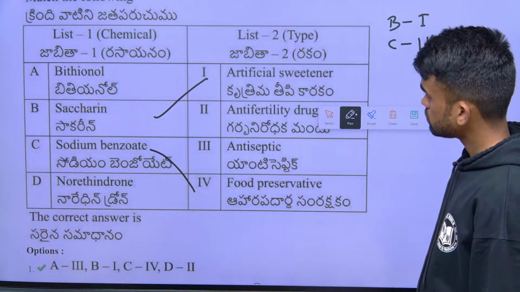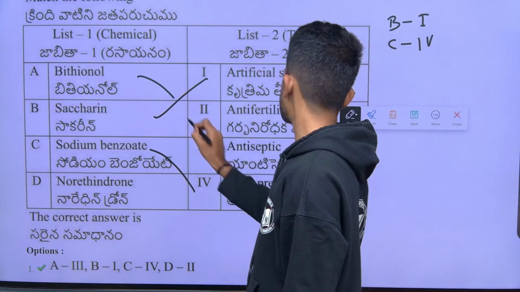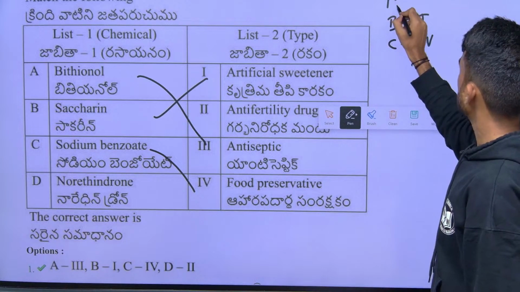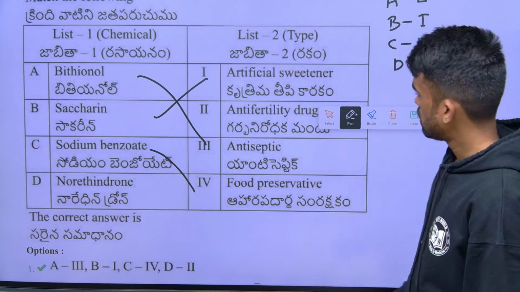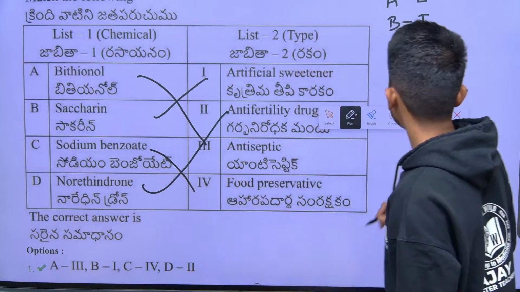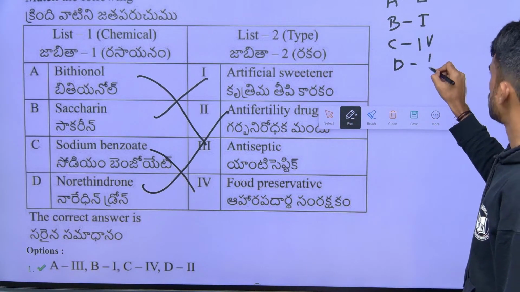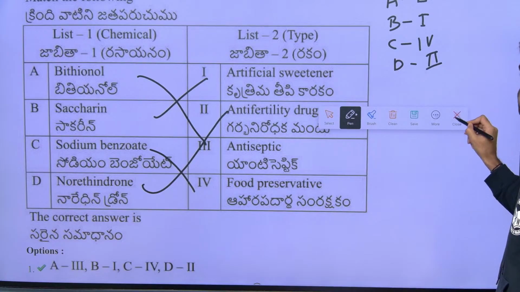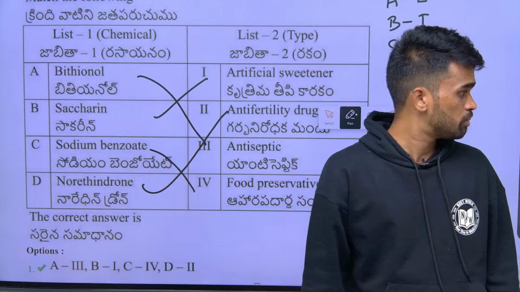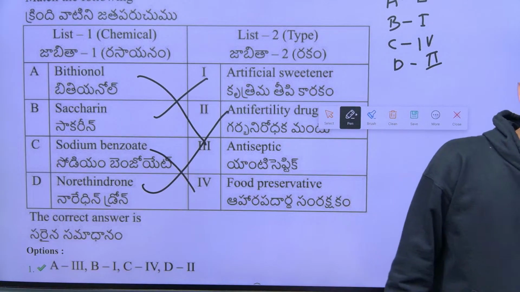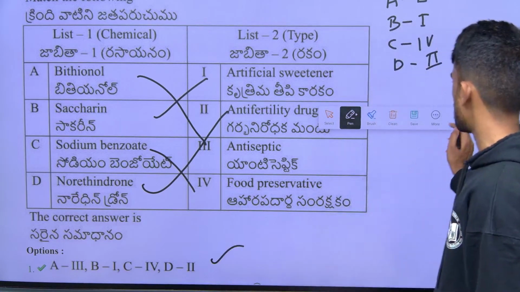Next, this A is 3, A3, and D is an anti-fertility drug. Okay. So D2, that's it. So we need to check the options which is having A3, B1, C4, D2, that's it.